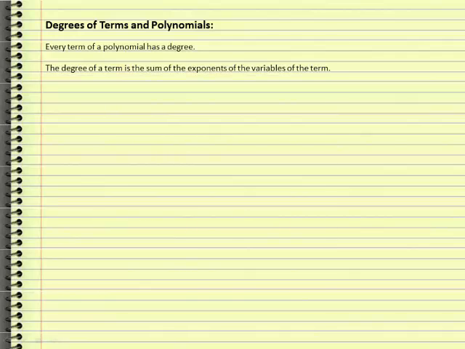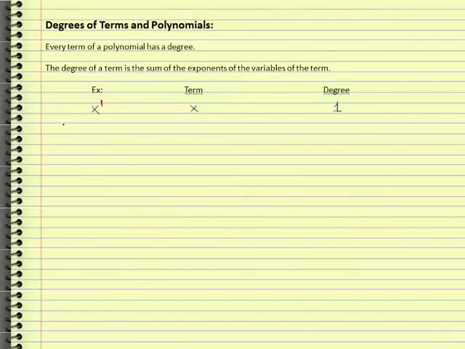Okay, polynomials have degrees, as do the terms, and every term has its own degree. The degree is the sum of the exponents. So, for example, if I have just an x with no exponent, that's an invisible 1. So the term is x and the degree is 1.